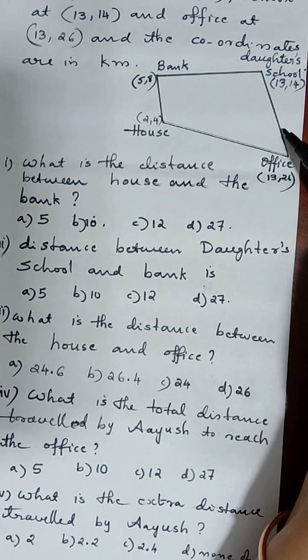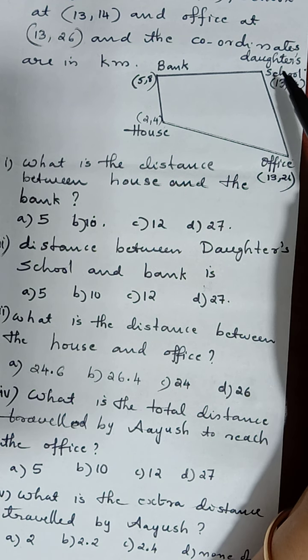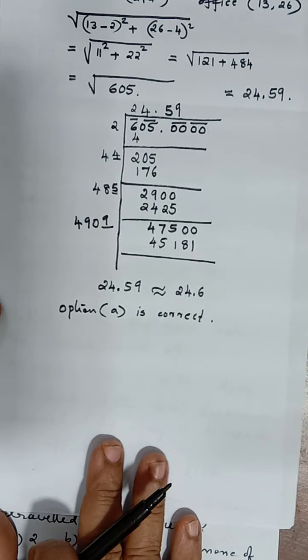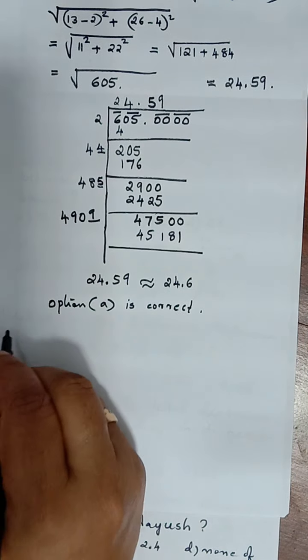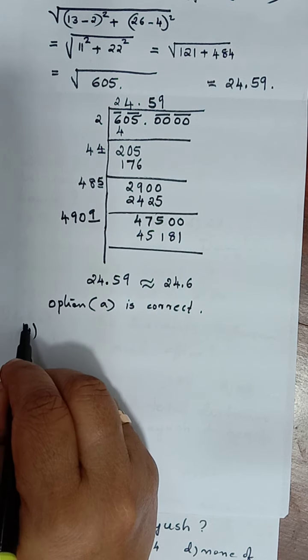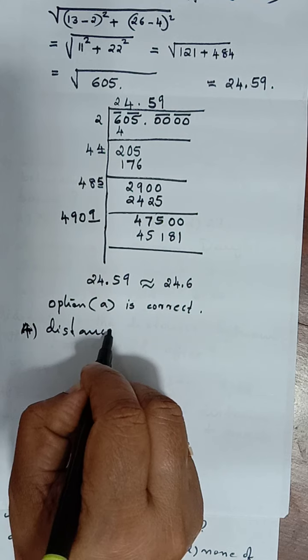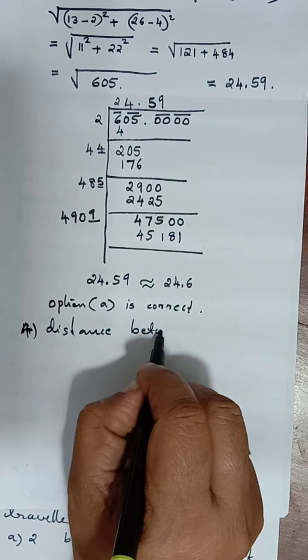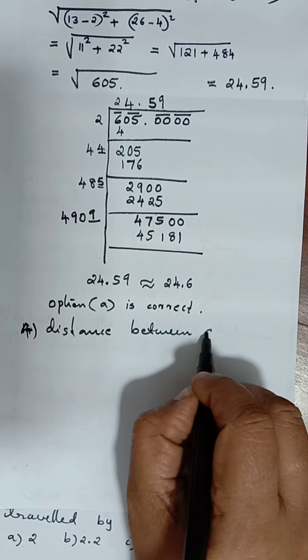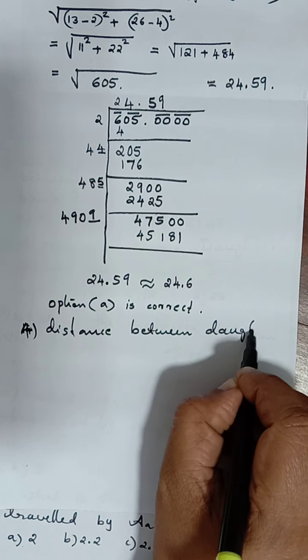That will be the total distance he has moved to reach the office. So let us find out the distance between daughter's school and the office. So let us write the step also. That is for question number 4. Distance between daughter school and office.